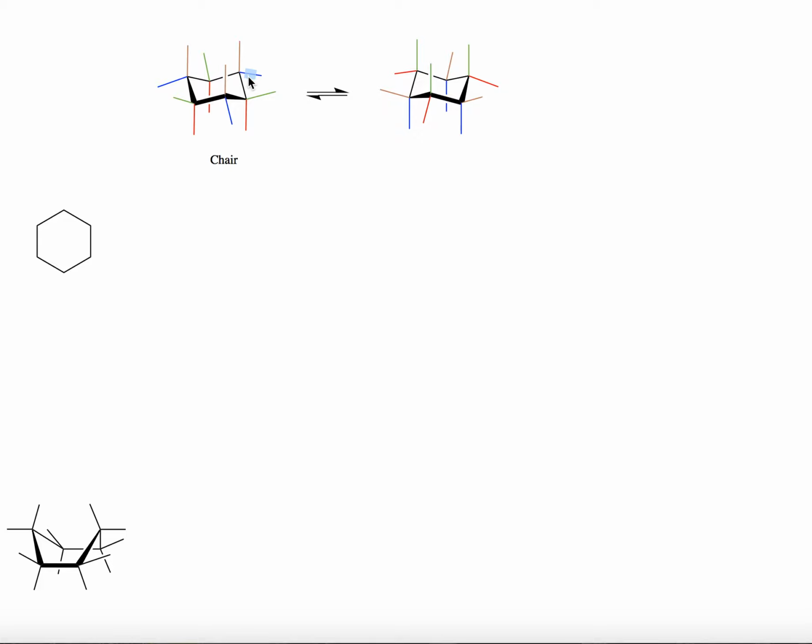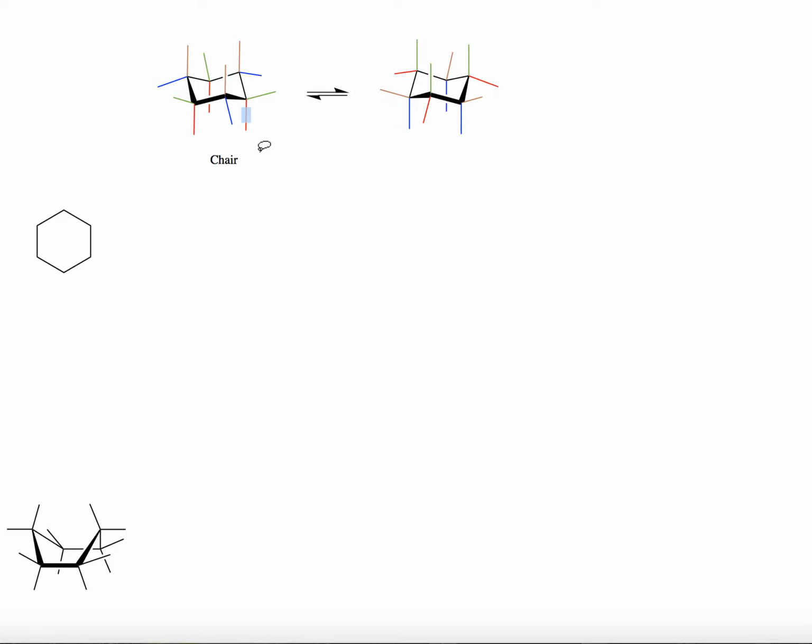And that happens for every atom or group that is bonded to each carbon here. Therefore, in a chair conformation, every group is staggered, meaning that every group or atom bonded to the first carbon is as far as possible from those atoms or groups bonded to the back carbon. So a cyclohexane is in a staggered conformation, therefore it has no torsional strain.